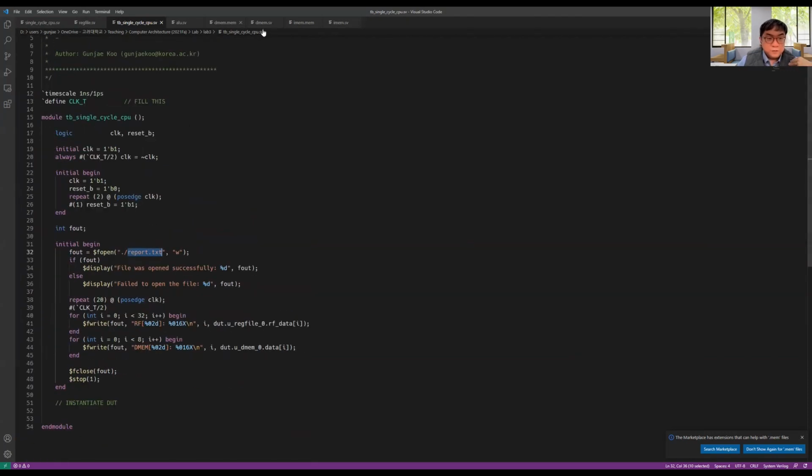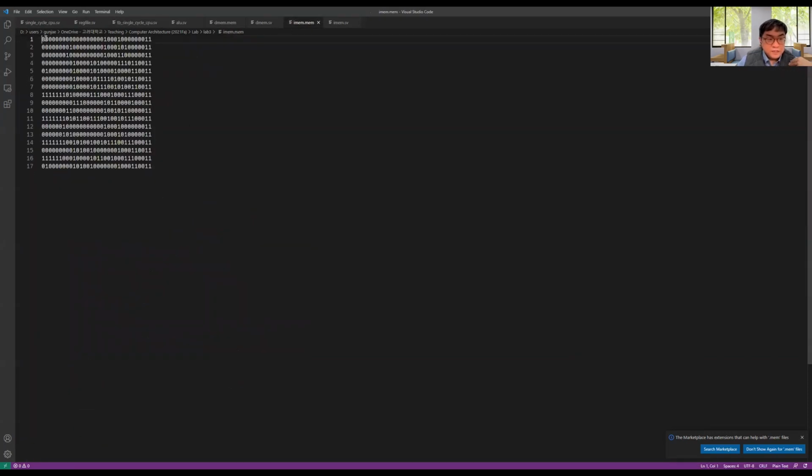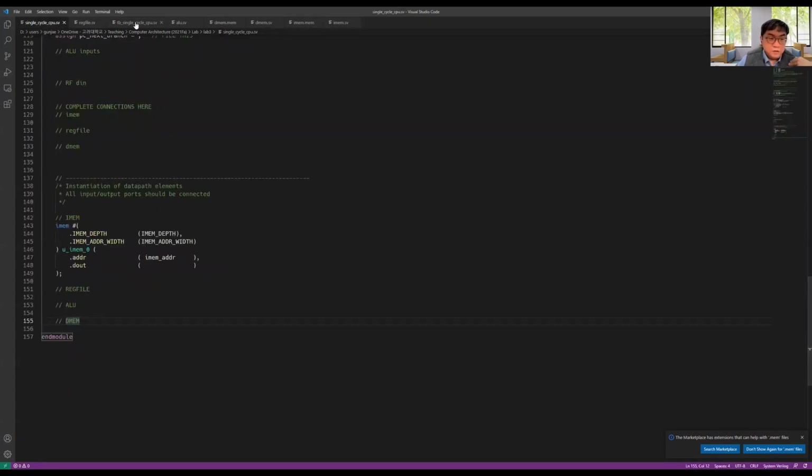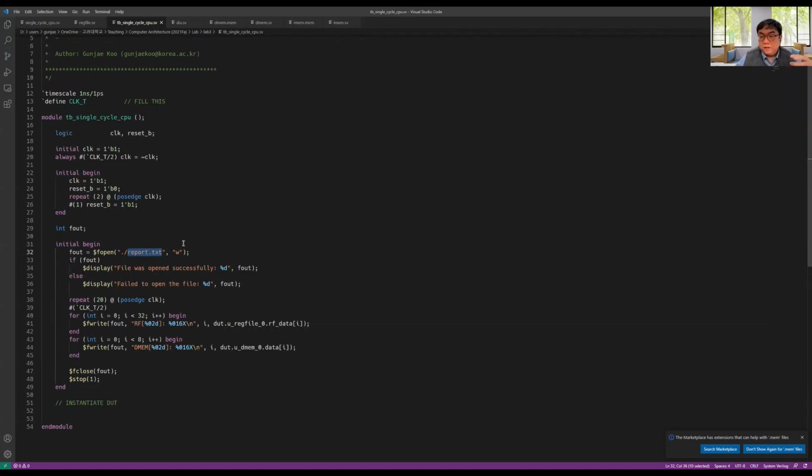So these instructions are executed, and as the result of the simulation, I set the register file, and then the data inside of memory is modified.